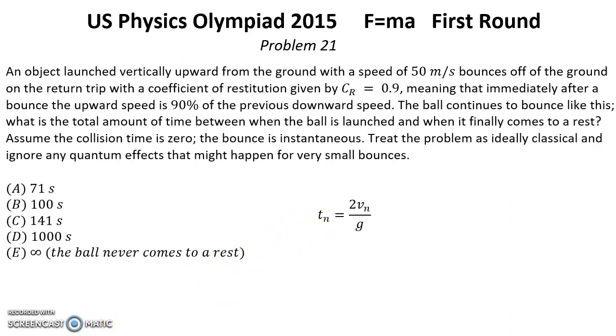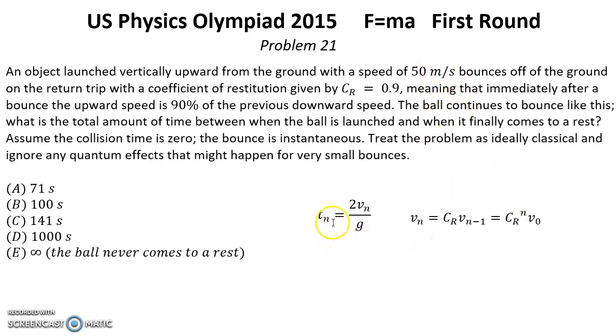Each time we have a bounce, Vn equals CR multiplied by the previous speed, and that's equal to CR to the power n multiplied by V0, the initial speed of 50 meters per second.